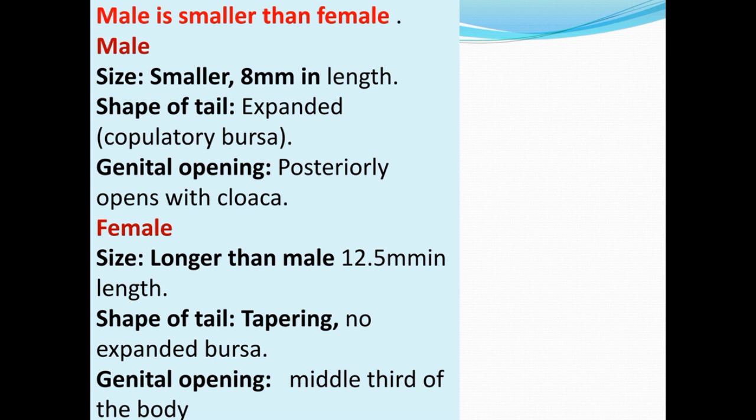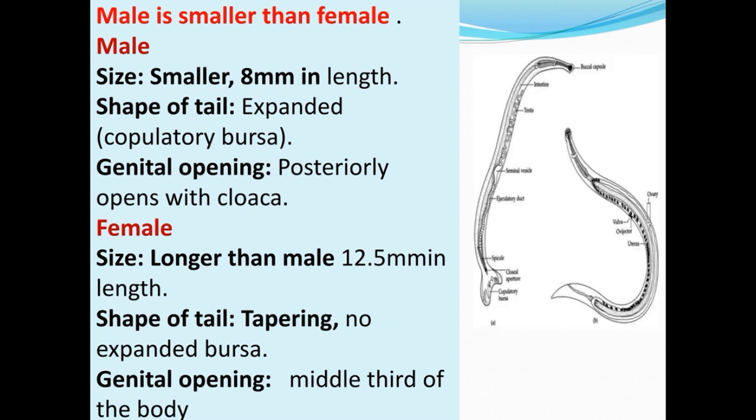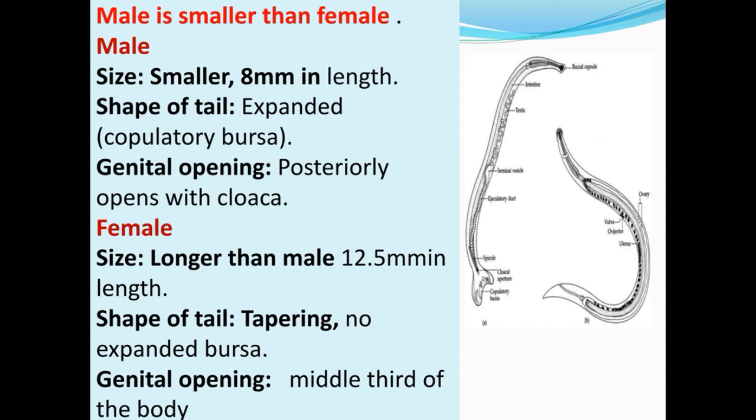Generally, the size of the male is 8 mm in length and the female is 12.5 mm in length. The tail is expanded in the male and tapering in the female. The genital opening in the male opens posteriorly with the cloaca, and in the female it is in the middle third of the body.